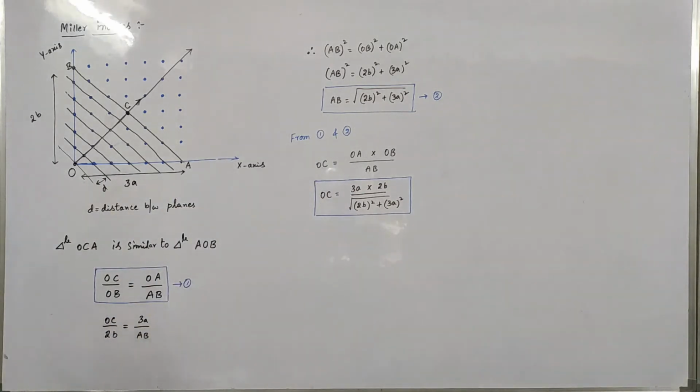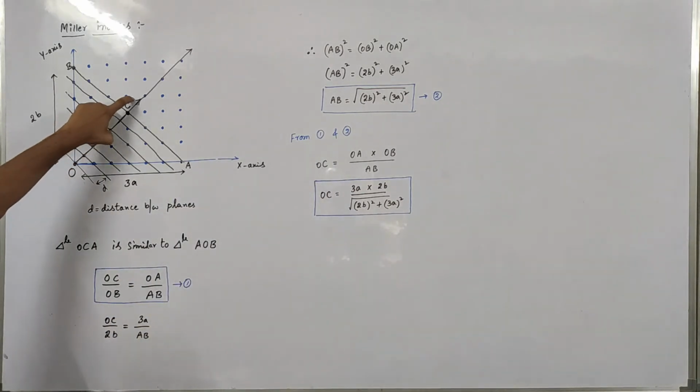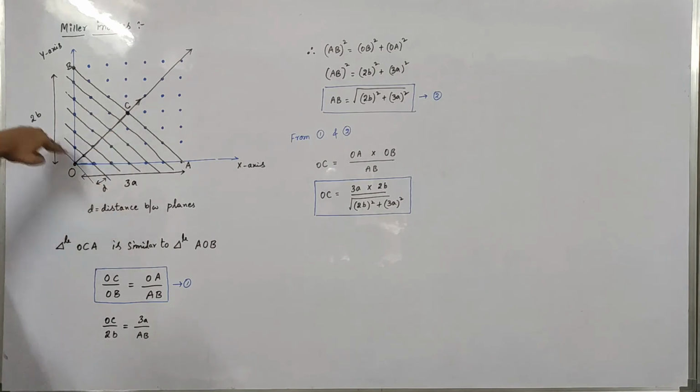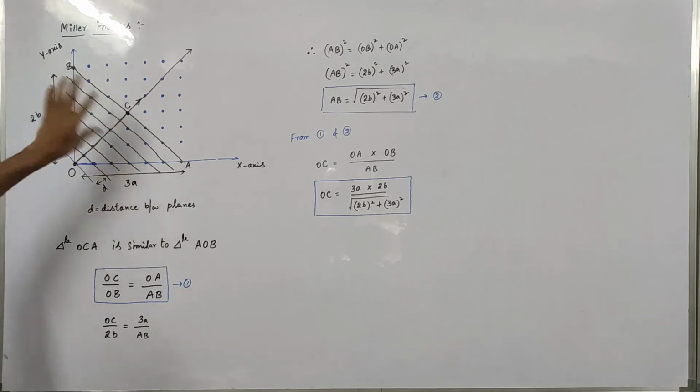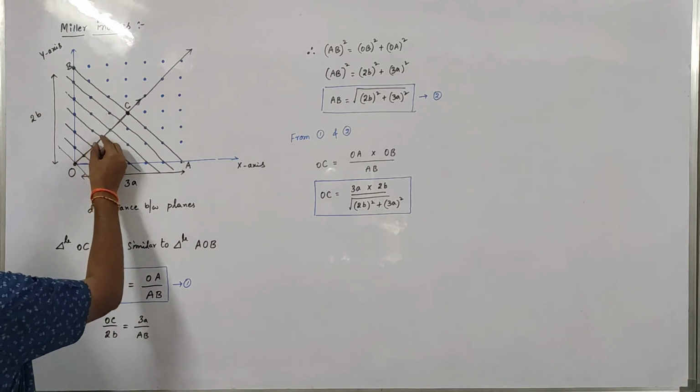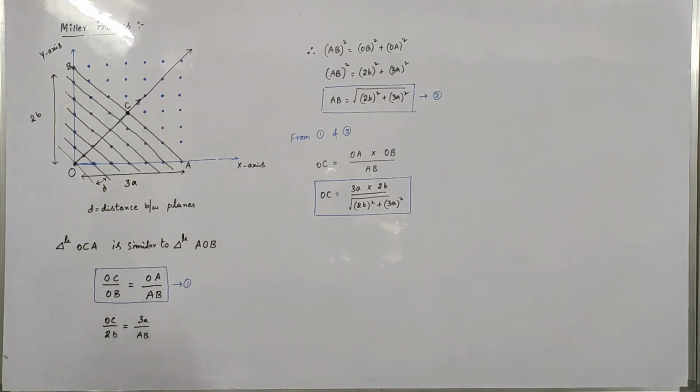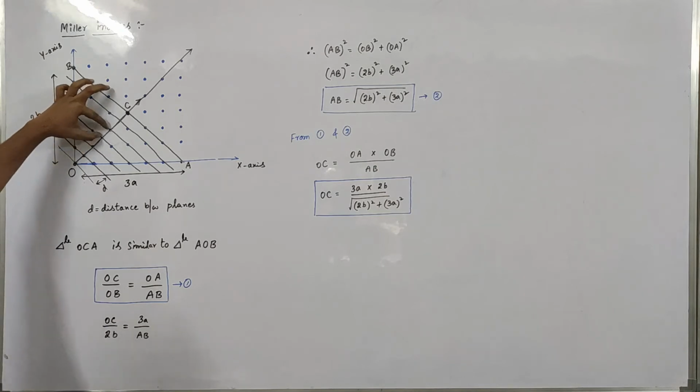Now say this. This distance OC is divided by these parallel planes into 1, 2, 3, 4, 5, 6 parts. And I assumed the distance between two planes is D. So can I take this OC as 6D?